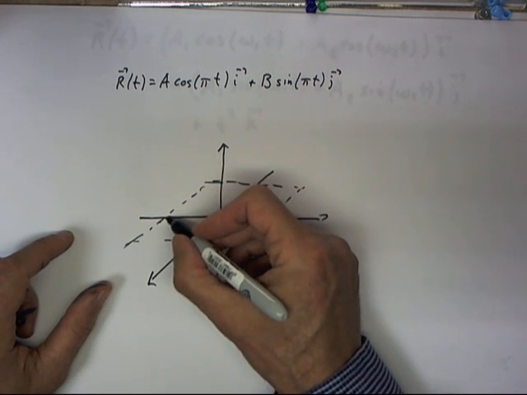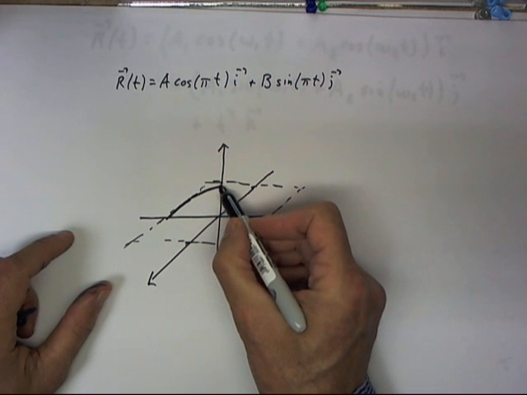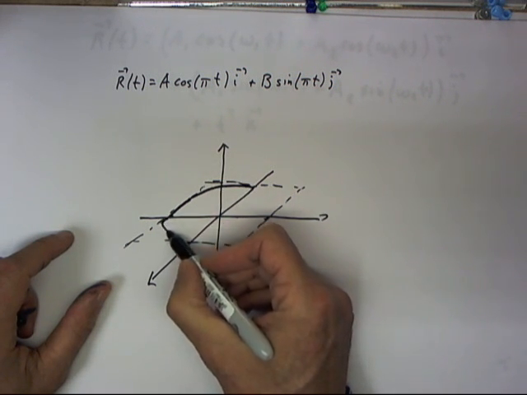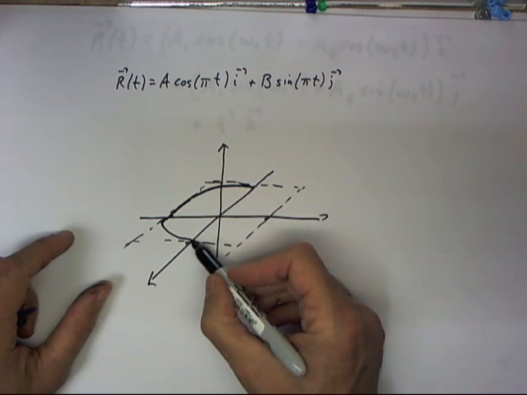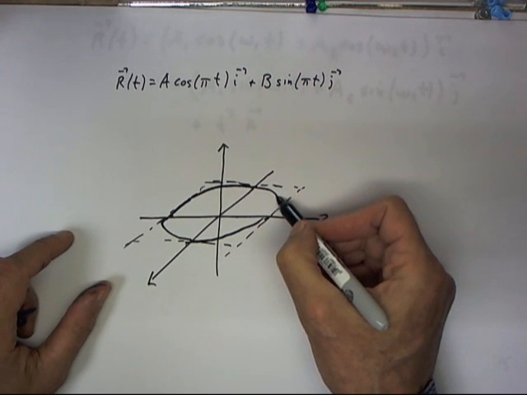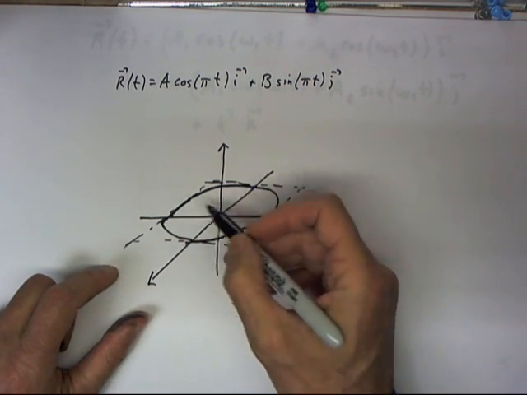Not going to go into the details of how we determine that. That should be pretty well understood by now. The curve has to be tangent to these lines. So it looks something like this. That's not perfect, but you get the idea.